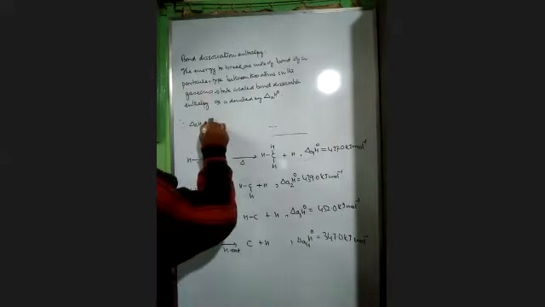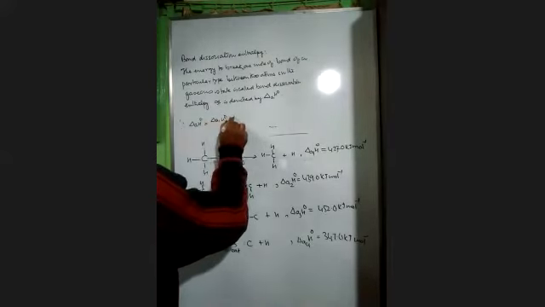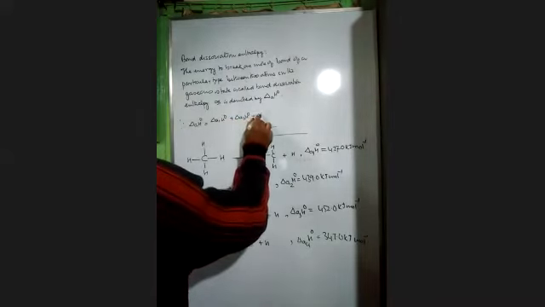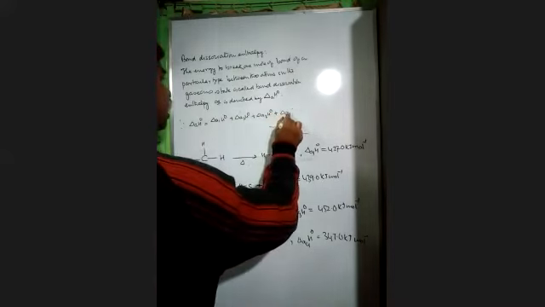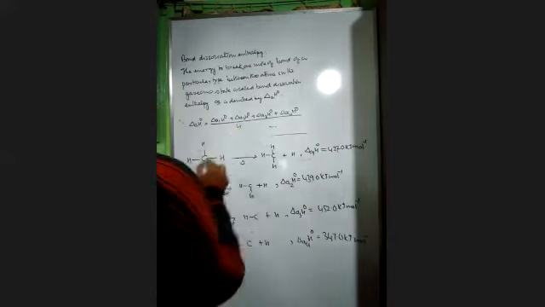Therefore, this is equal to delta A1 H0, delta A2 H0, delta A3 H0, delta A4 H0 divided by 4.